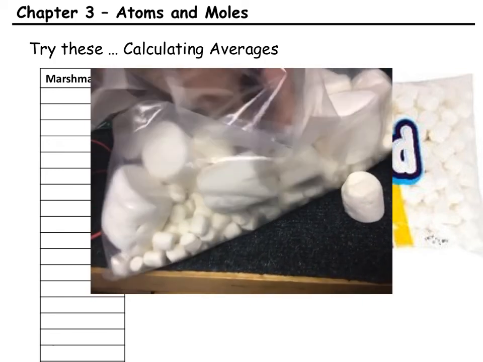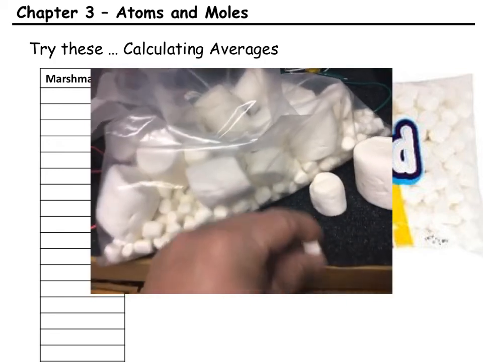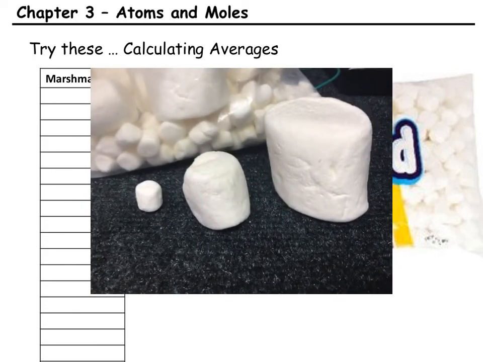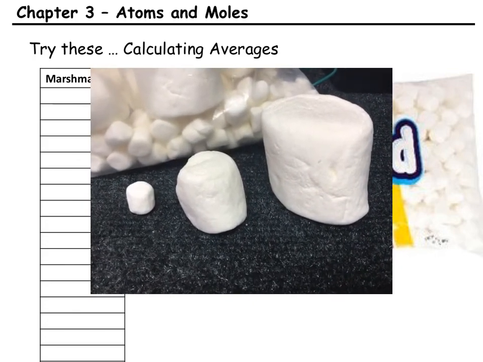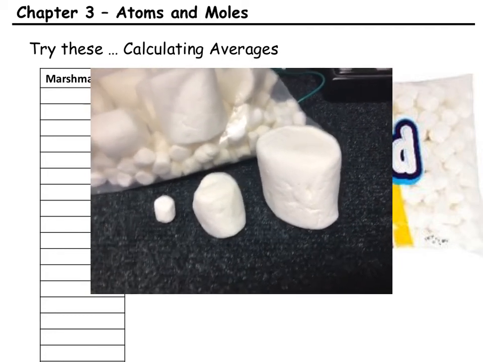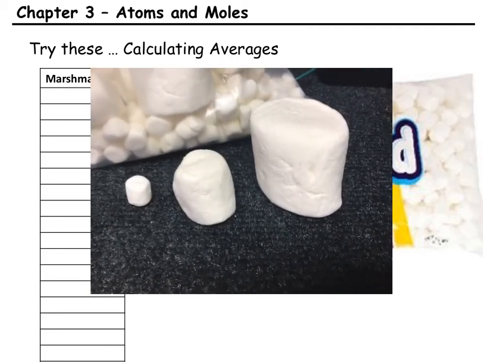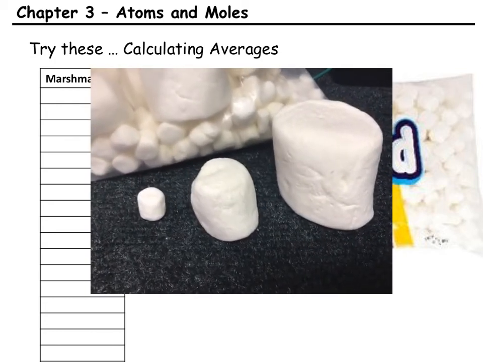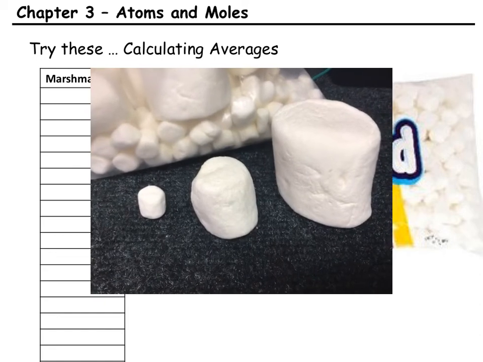And then we also have the mini marshmallow. Now, in every case, they're all marshmallows. They taste exactly the same. They're made out of the same stuff, and they're just a different mass. So we could consider them like isotopes of marshmallow. They're all marshmallow, but each individual piece has a different mass to it.